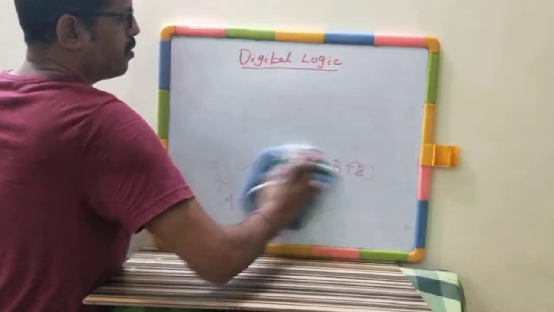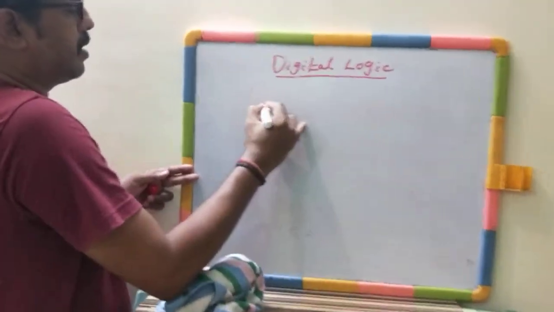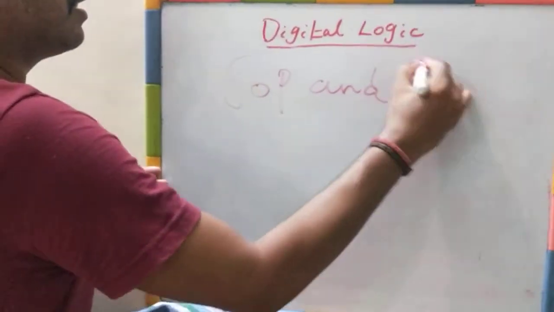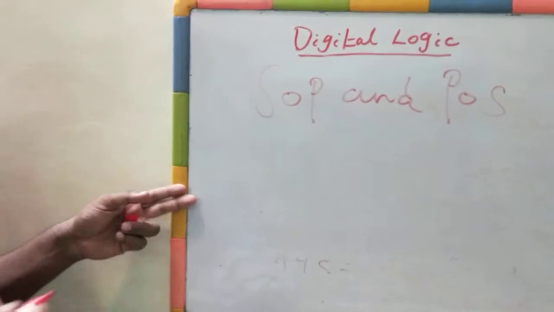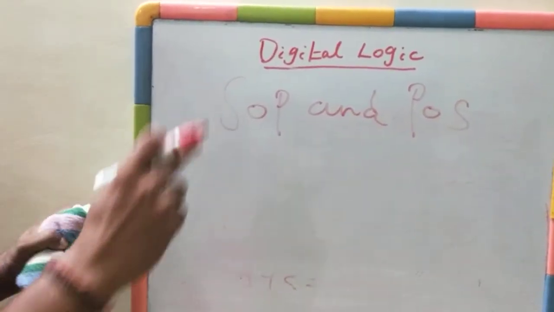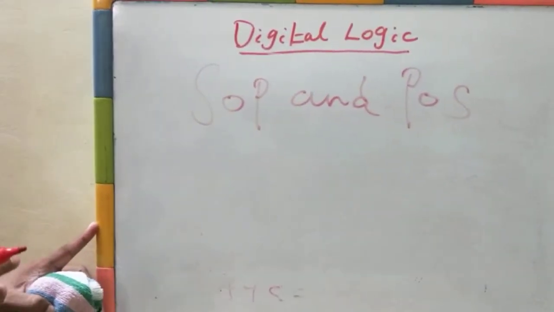Now we will discuss SOP and POS. What is SOP and POS? SOP is sum of products, and POS is product of sums.